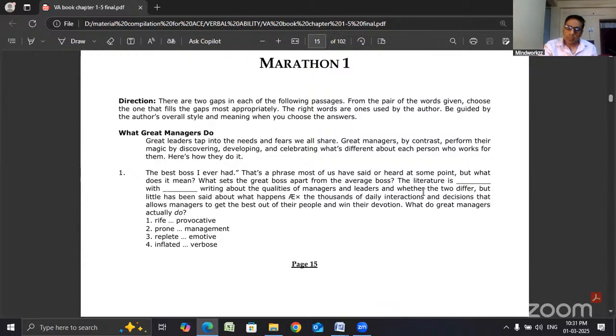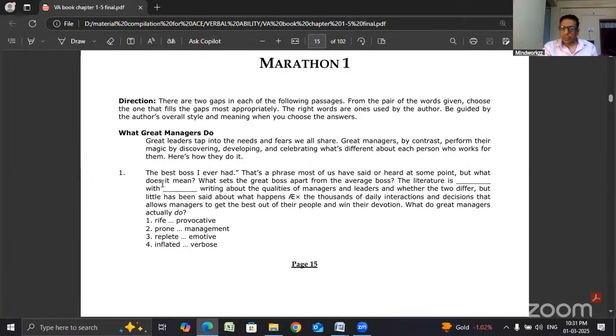Can you understand this by reading this? Many people ask me, sir, how to find the tone of the passage? Tone is the body language of the passage. You should be able to figure out the general body language of the passage.